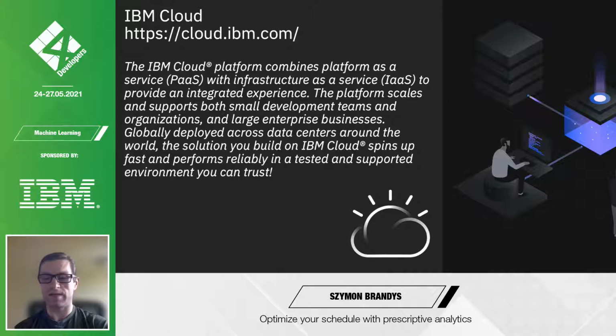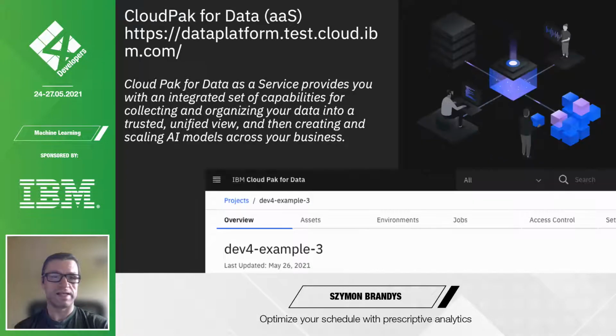The next thing is Cloud Pak for Data, the IBM data platform that I mentioned. This platform allows you to process your data, to create models, both machine learning and decision optimization models, and to create visualizations, dashboards, and so on. So we'll be using this.